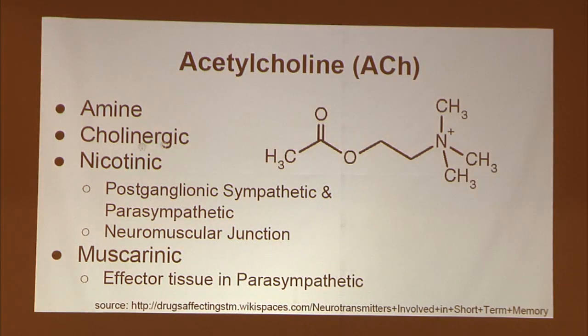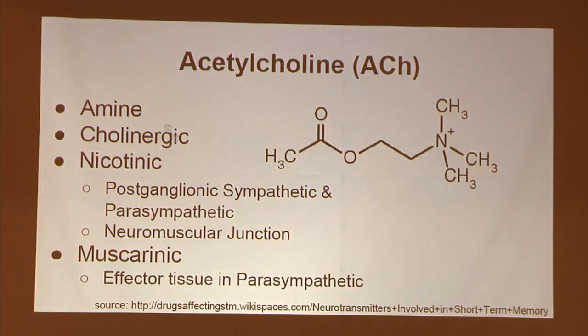Acetylcholine is an amine, so it's made in the terminal button, or the axon terminal. Usually amines and amino acids are made in the terminal. Things that are peptides are going to have to be made in the soma of the neuron, because peptides are kind of like proteins, and they need ribosomes and things like that to be made.